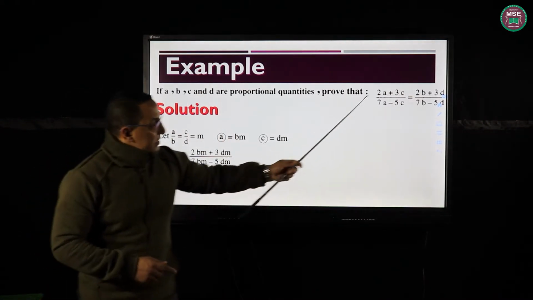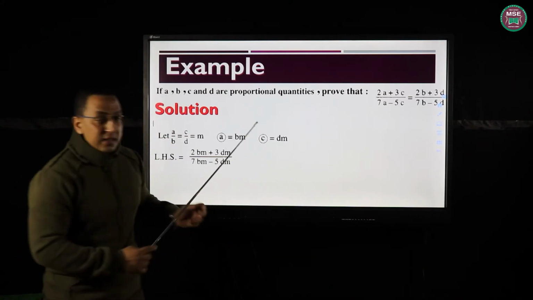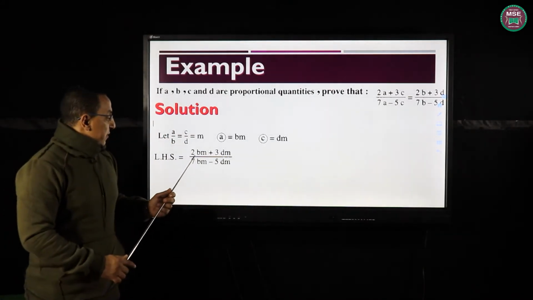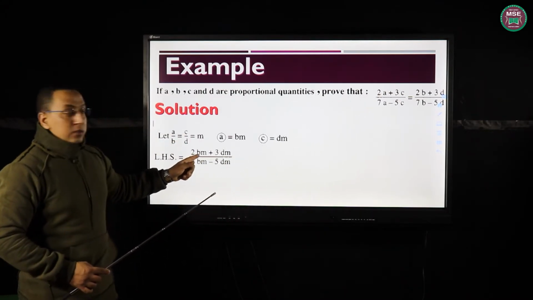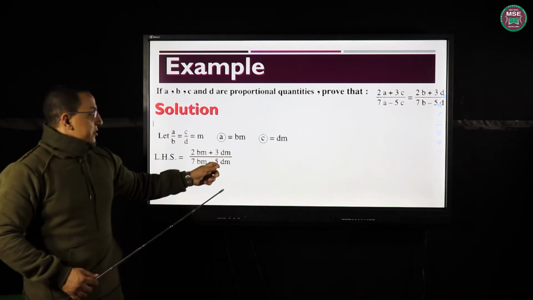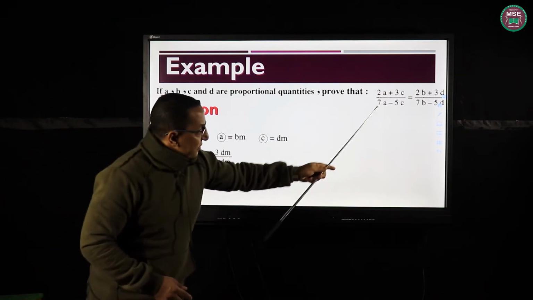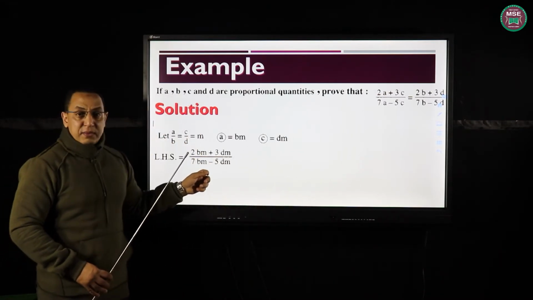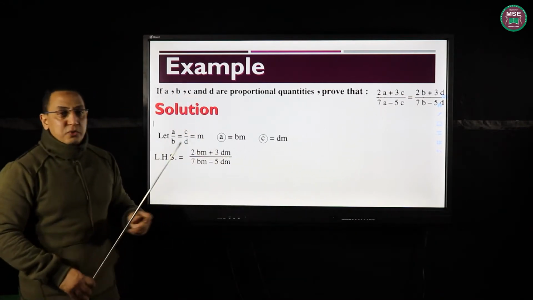So I have now 2a changed to 2bm, and 3c changed to 3dm, and here 7a changed to 7bm, and finally 5c changed to 5dm.